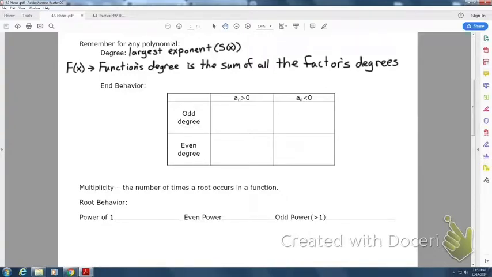Okay, looking at this and filling this out. Again, we already had linear, which was a positive odd degree, and so was cubic. So that right there is the same that you have underneath linear and the same that you have underneath cubic.